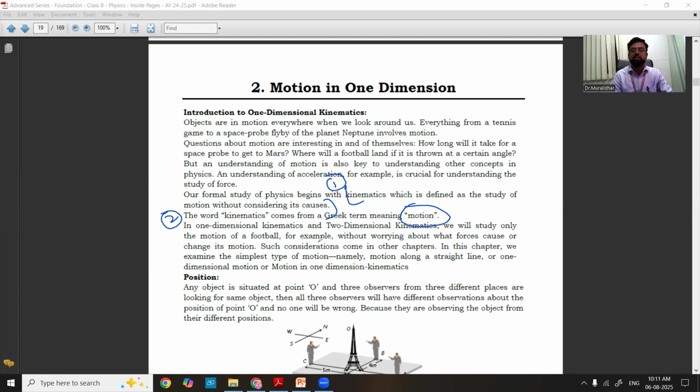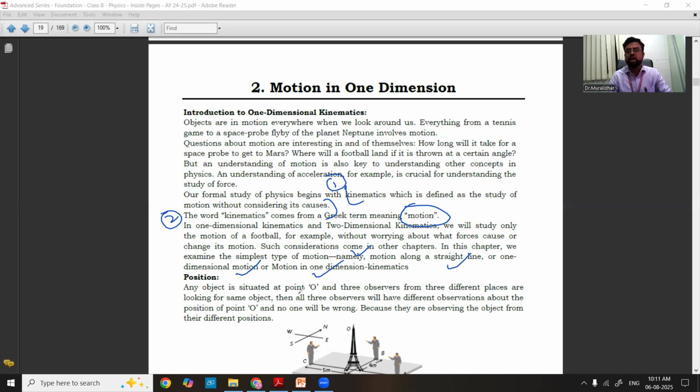In one-dimensional kinematics and two-dimensional kinematics, we study only the motion of, for example, a football, without worrying about what force causes or changes the motion. Such consideration comes in other chapters. In this chapter, we examine the simple types of motion, namely motion along a straight line, or one-dimensional motion.